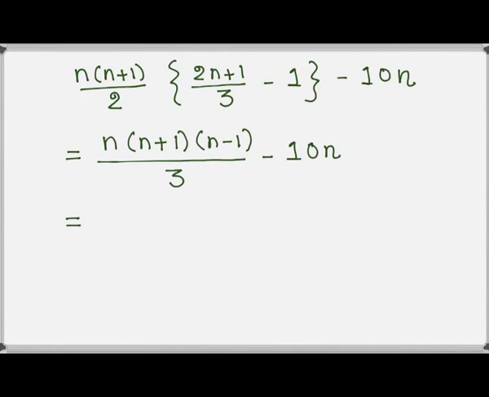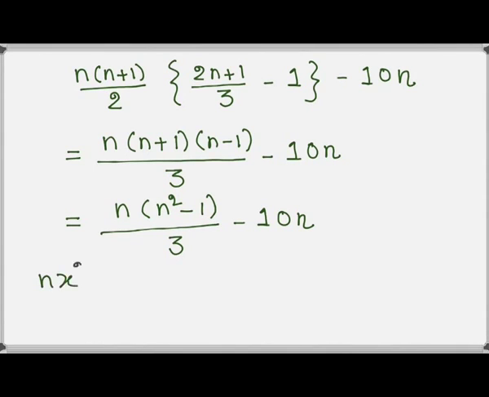So therefore this is n into n square minus 1 divided by 3 minus 10n. Now if we write down the quadratic equation in a simplified form, we obtain nx square plus n square x, and the constant term is n into n square minus 1 divided by 3 minus 10n is equal to 0.